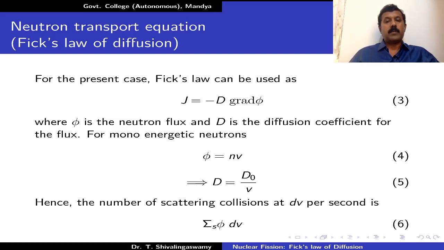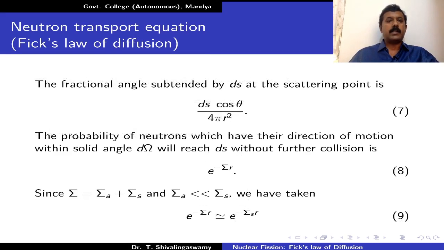The probability is given by sigma, called the macroscopic cross section, which is the sum of the absorption cross section and the scattering cross section. But in the assumptions we have made, the absorption cross section is negligible when compared with the scattering cross section. Therefore, sigma is nearly equal to sigma s itself. Hence, the number of scattering collisions at dV per second is sigma s phi into dV. This is the first important thing that we need to calculate.